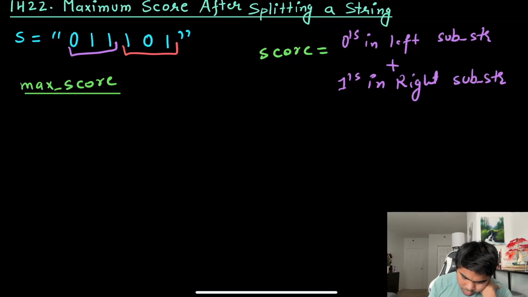So what's the number of zeros in left substring? That is actually 1. What's the ones in the right substring? That is 2. So score is 3.